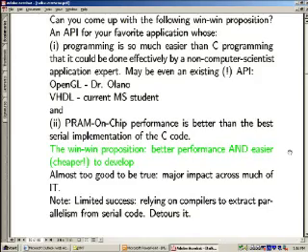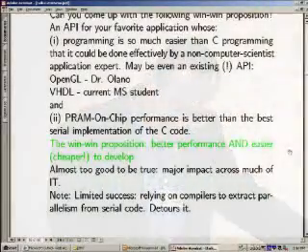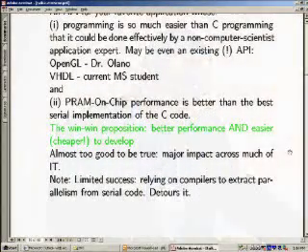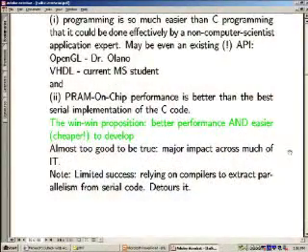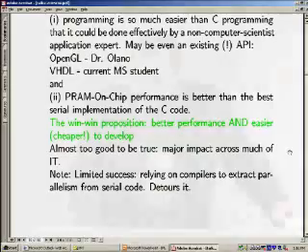In some sense, it's almost too good to be true because it's really a win-win. Now, we also need to recall that there was limited success in relying on compilers to extract parallelism from serial C code. And by going to APIs, we detour this historical difficulty.